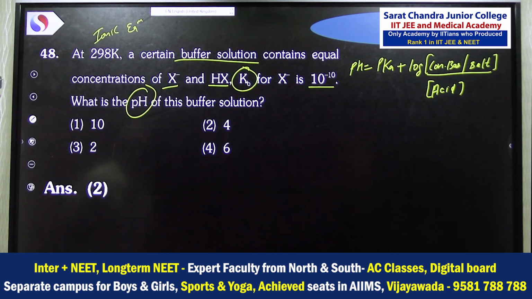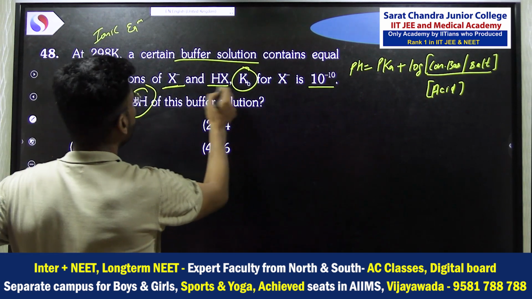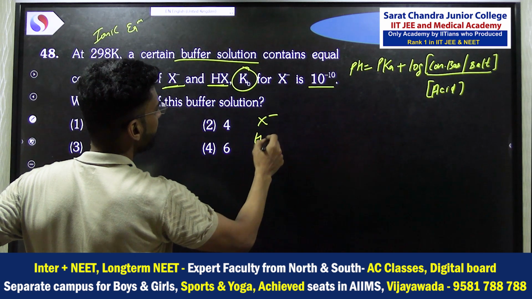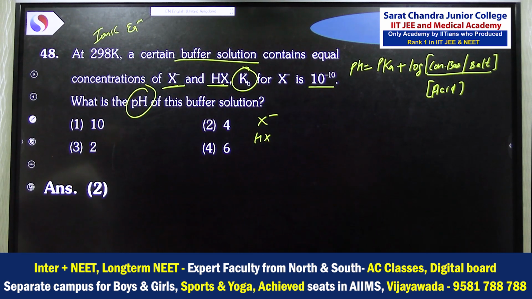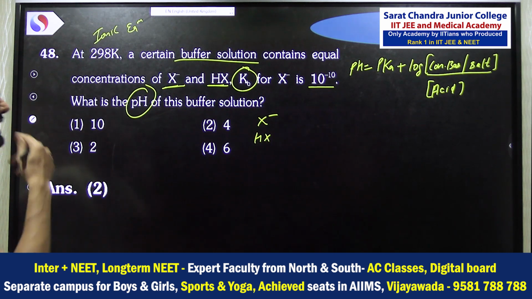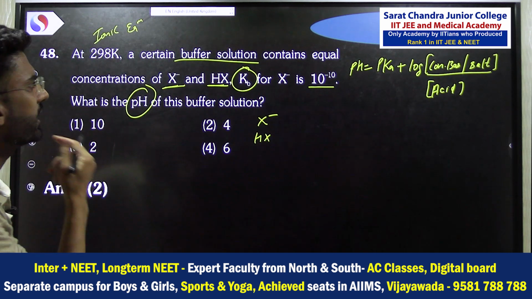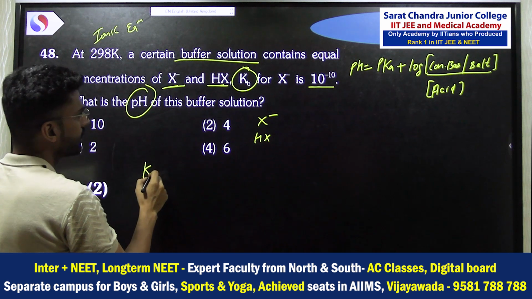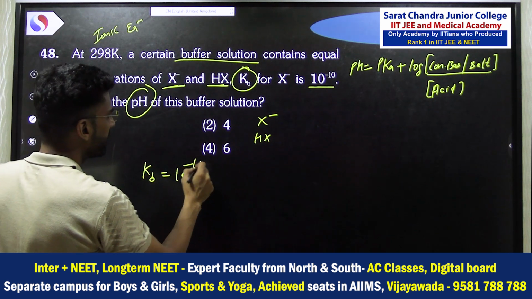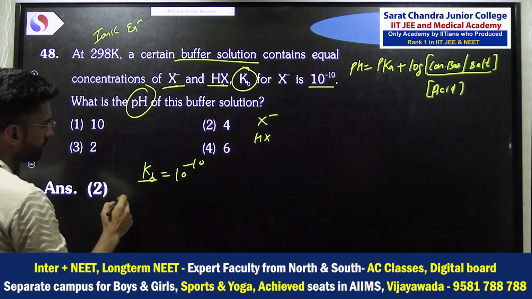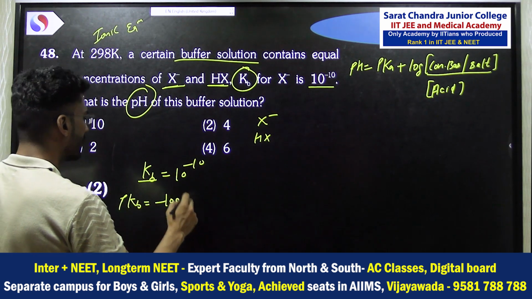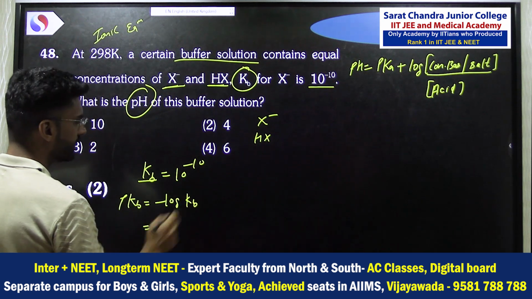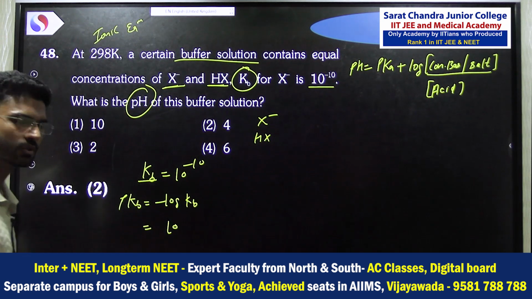Equal moles of X negative and HX are given, so any number you can consider here. Kb value is given, but we need the pKa value. So Kb is equal to 10 raised to power minus 10. We can find pKb. I know the formula, minus log of Kb, that will be equal to 10.